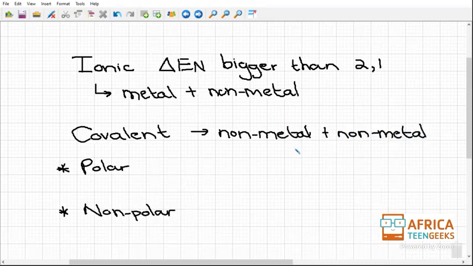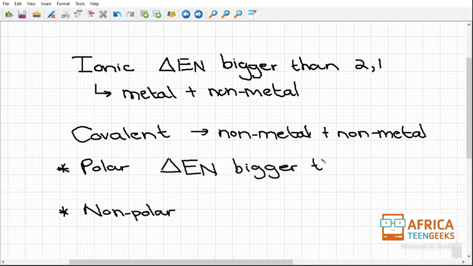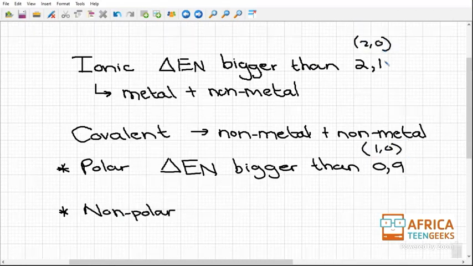Okay. For polar, I need an electronegativity difference of bigger. Again, there's dispute about this. The official one is 0.9, but if it's easier for you to remember 2 and 1, for now, that makes more sense for me. Okay?